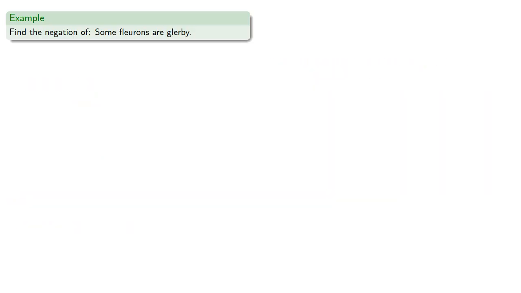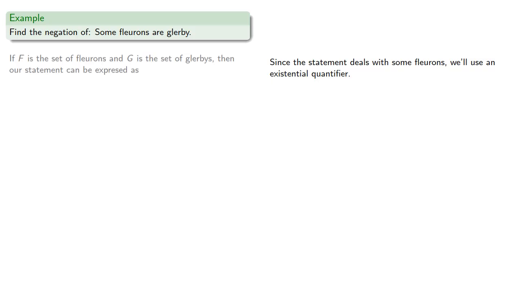Or let's find the negation of some fleurons are glurby. Since the statement deals with some fleurons, we'll use an existential quantifier. So if F is a set of fleurons and G is a set of glurbies, our statement can be expressed as there is something that is a fleuron, and that thing is also a glurby.